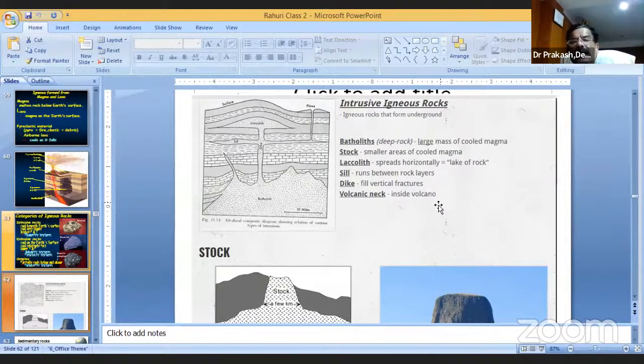So these are the other terms that will come across in multiple choice questions, and probably batholith and laccolith have been asked a number of times, and of course dike too. So these are the examples and the meanings of these words: batholith, stock, laccolith, sill, dike, and volcanic neck.